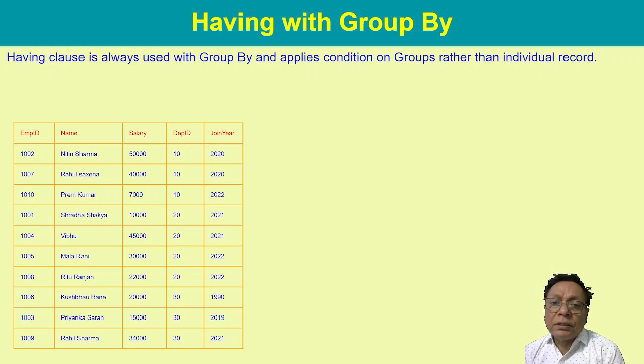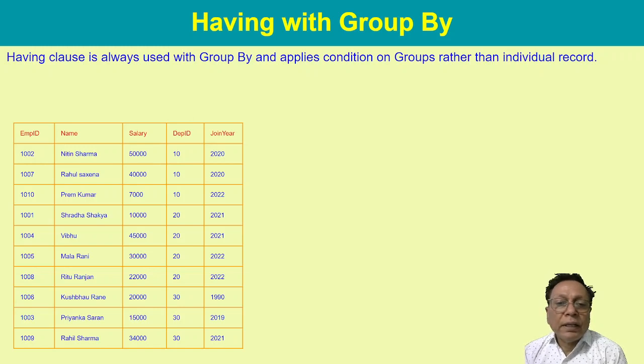So having applies a condition on the groups rather than individual records, whereas where is applied where individual records are to be checked. So this is the difference between where and having. While using group by, we should use having if we want to apply a condition on groups.